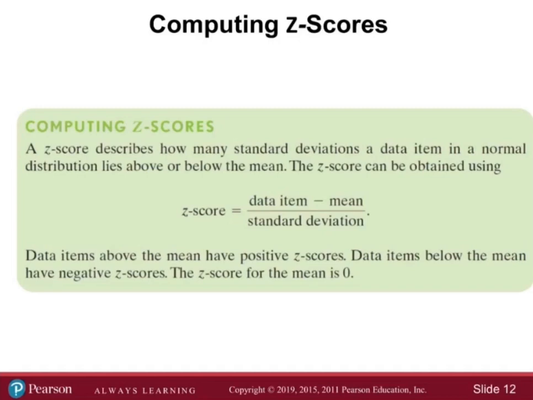The Z-score can be obtained using X minus X bar, so the item minus the average, divided by the standard deviation, right? Data items above the average have a positive Z-score, and data items below the average have negative Z-scores. The Z-score for the average is going to be 0. So X minus X bar over sigma.